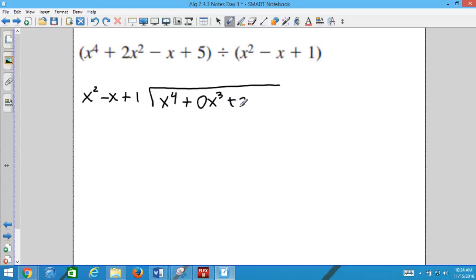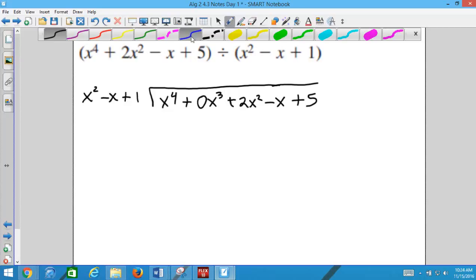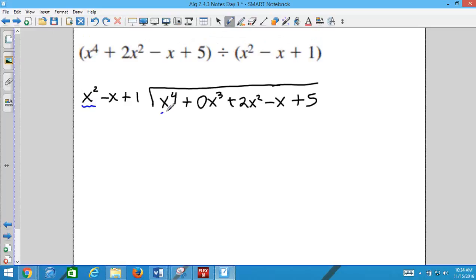Then plus 2x squared minus x plus 5. Notice that I put that 0x to the 3rd in there because it didn't have it. Then we start dividing, and we're going to divide first the x squared into the x to the 4th. So I'm going to divide x to the 4th by x squared and get x squared.